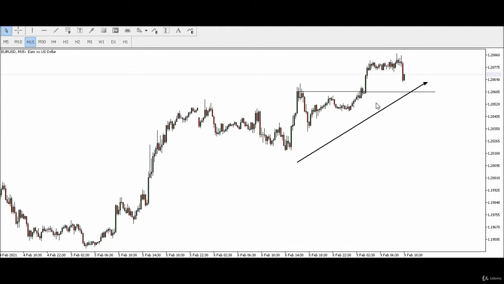So even though we are in uptrend, we can look for buys or sells.